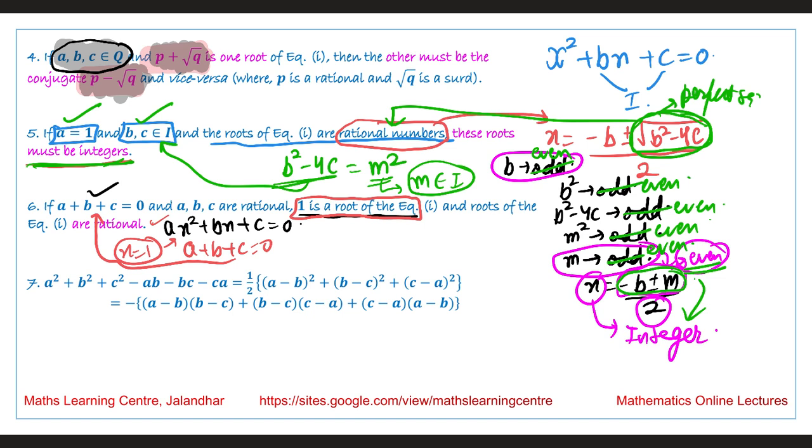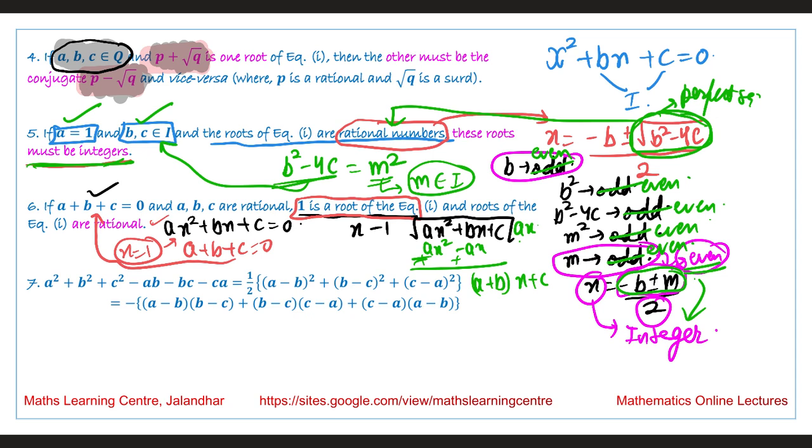So if we divide this equation ax square plus bx plus c, knowing x is equal to 1 is a root, we are dividing it with x minus 1. The answer we are getting over here, we are multiplying by ax, we get ax square minus ax. This will become minus, this will become plus. So we will get over here a plus b times x plus c.